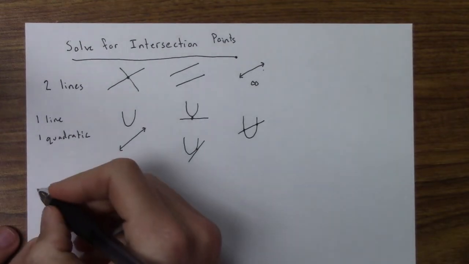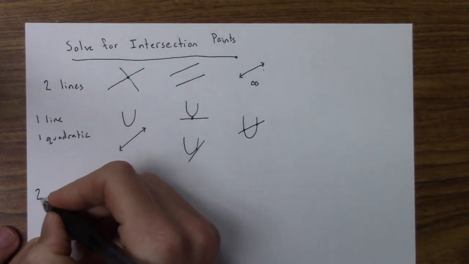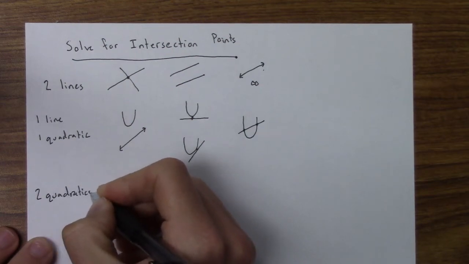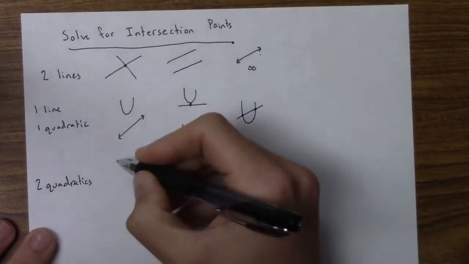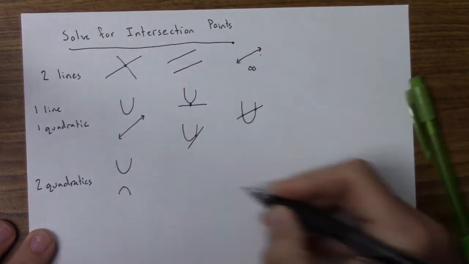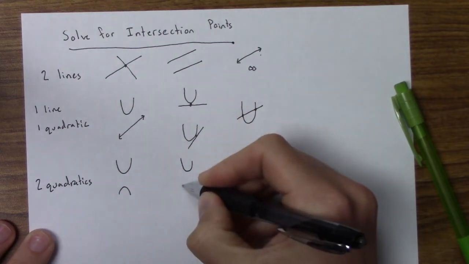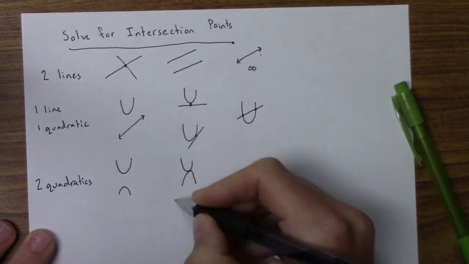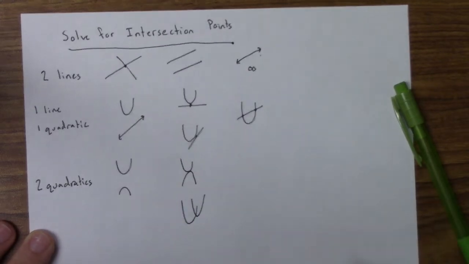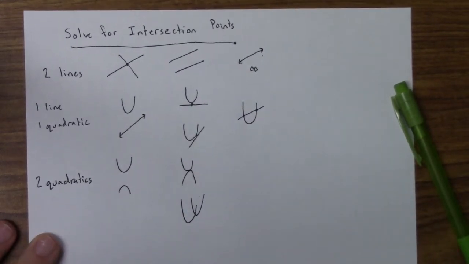And then finally, we had the case of two quadratics. Similarly, we could have, hey, they intersect nowhere. They intersect in 1 point, which could look a couple of different ways because you could have two parabolas that just grow different sizes.